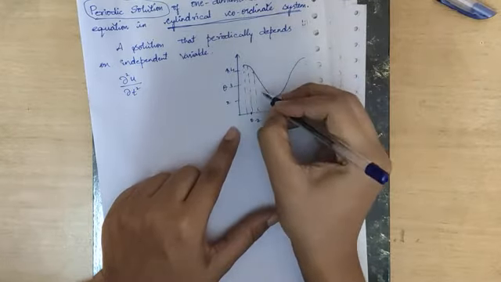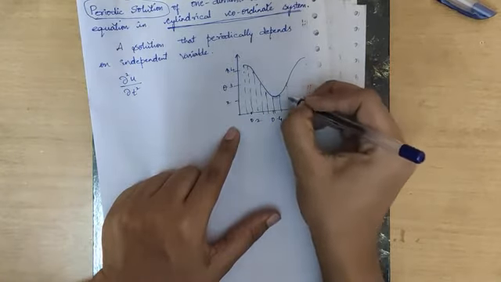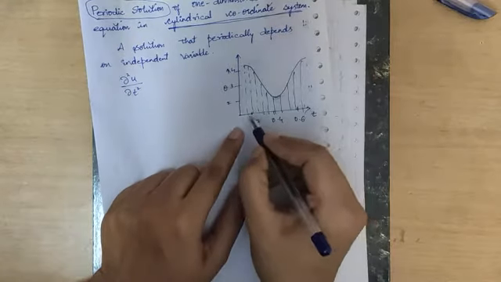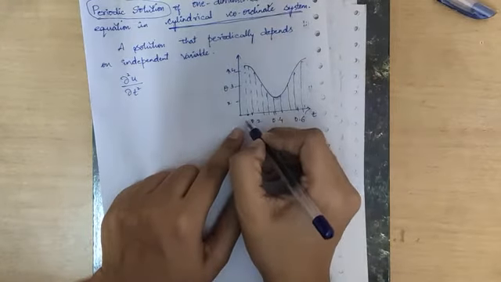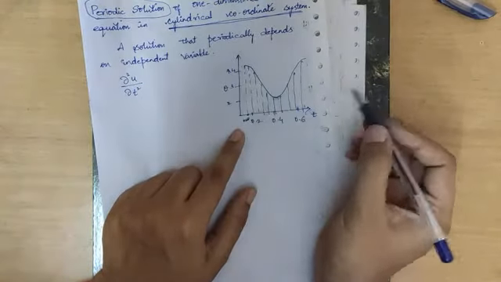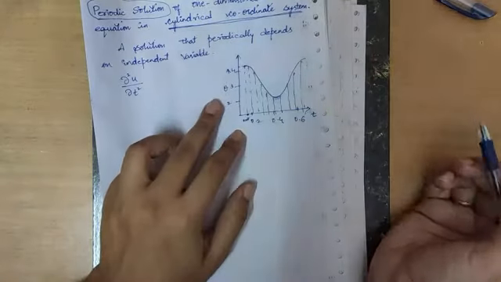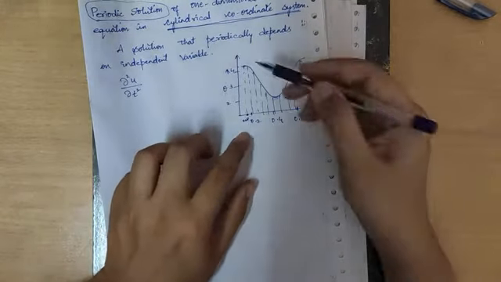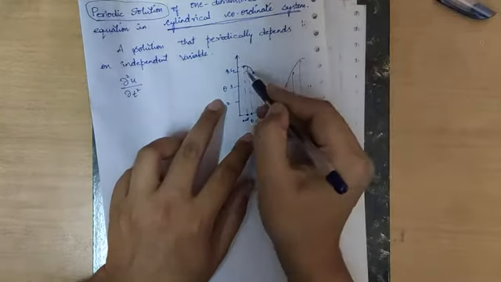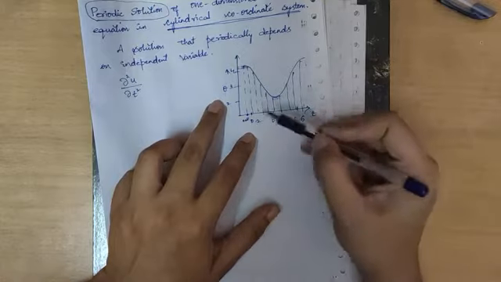You can observe that, isn't it? Let's assume when t is equal to 0.08, your theta value is almost 4.3 or 4.2. When t is 0.2, your theta value is 4.2. You can observe that.